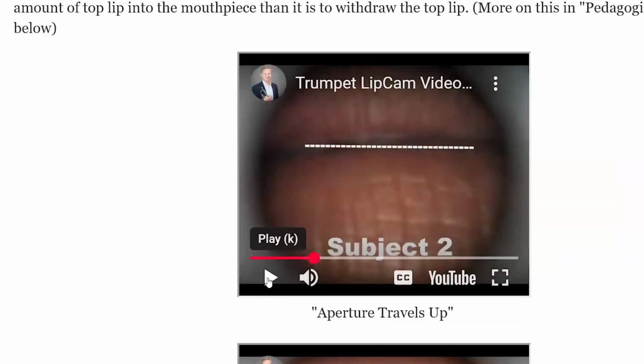Pause it there for a second. This horizontal line indicates where they began when they played the scale, and you're going to see that that hole, the aperture, is going to ascend above that horizontal line.